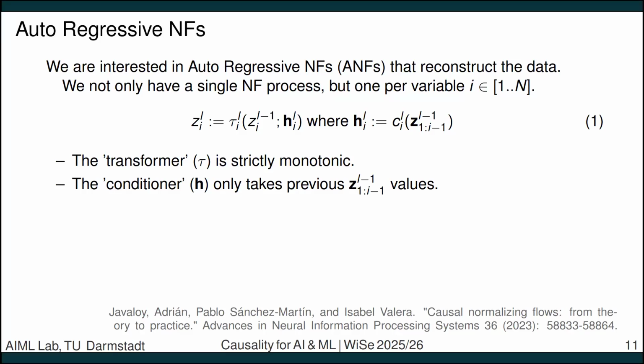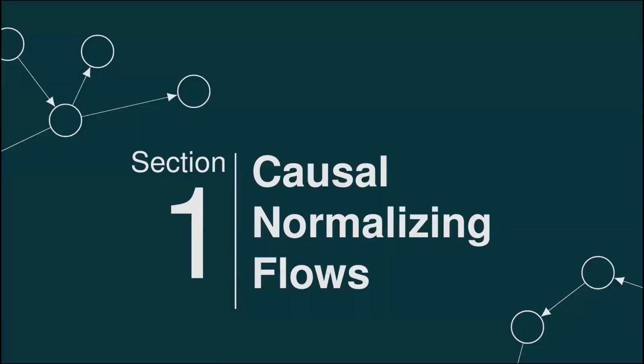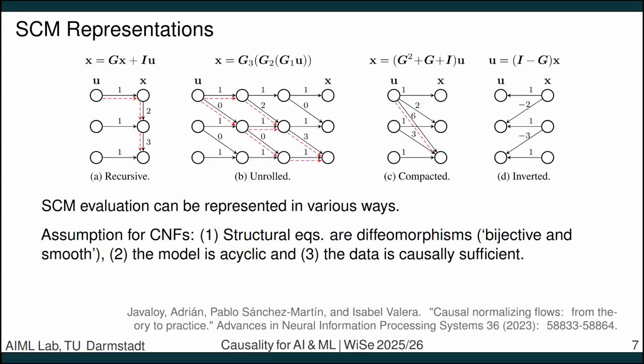What we saw in those arrows is that the arrows at every layer follow a particular structure. There are no diagonal arrows going back up, it's always going down from the top. So the first variable only depends on its own u. The second variable only depends on the first variable and its own u. The third on the first and the second and its own u, and so on.